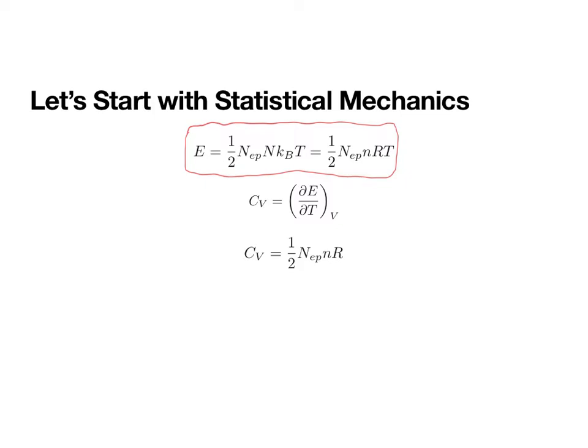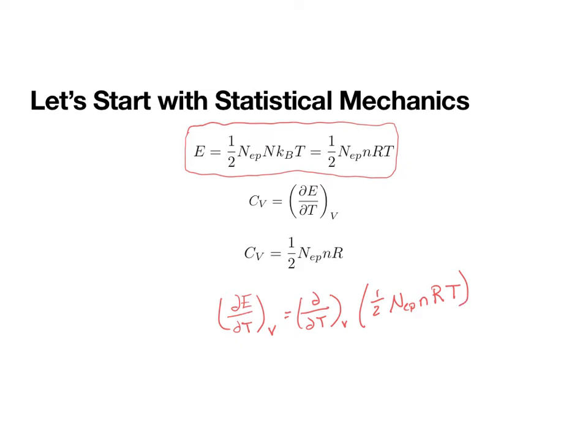We covered this. And we know that CV is equal to the partial of the energy with respect to temperature. So that means that CV is going to be equal to 1/2 NEP times NR. How did I get there? Well, I took the derivative of the energy with respect to temperature at constant volume, the derivative of 1/2 NEP NRT.